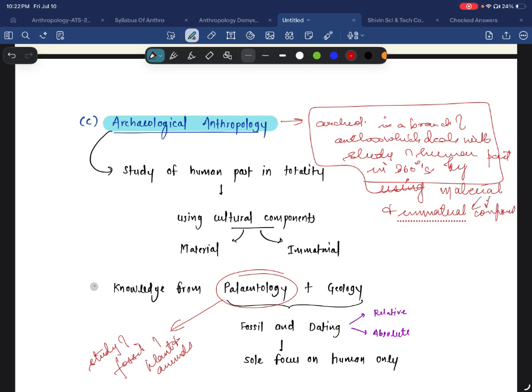In material, it might be coins, potteries, anything which is tangible, which you can touch. And immaterial might be faith, religion, belief, which you cannot touch.